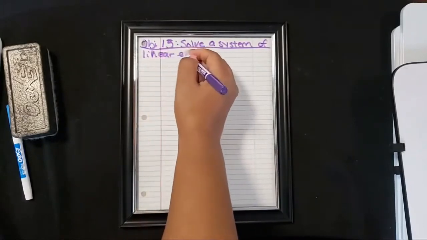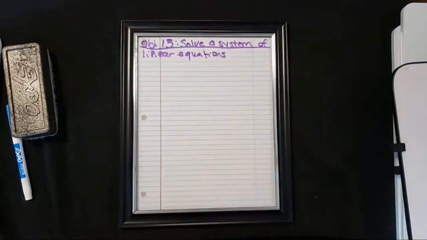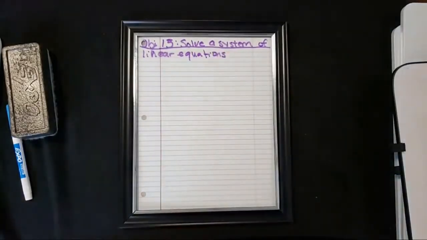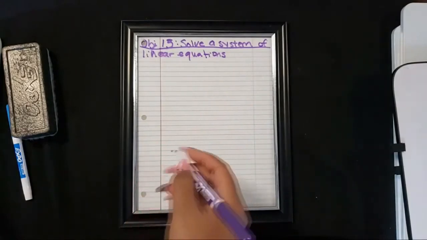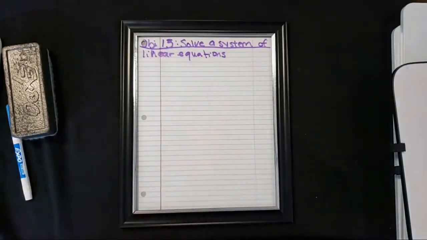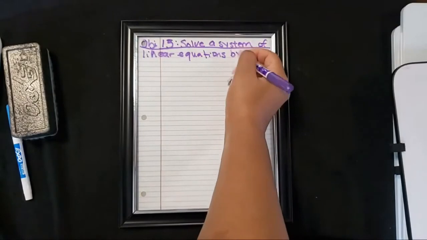Basically what we're doing is adding the equations together. Our goal is to eliminate a term. That's where the name elimination comes from. And when I say term, I mean x or y.